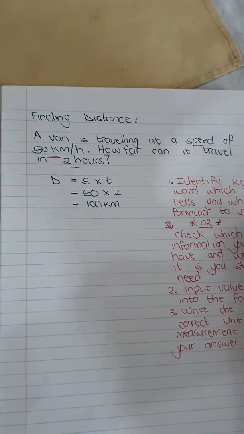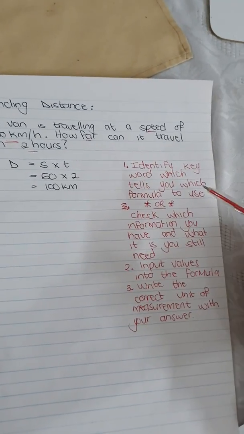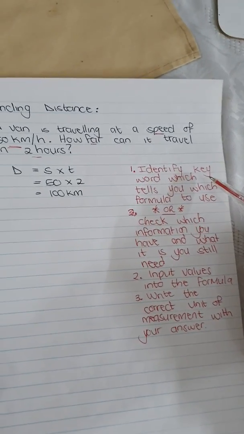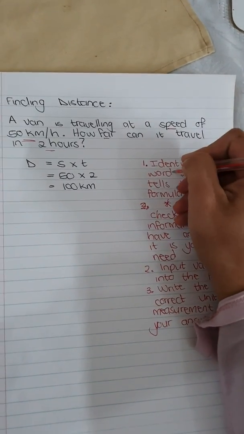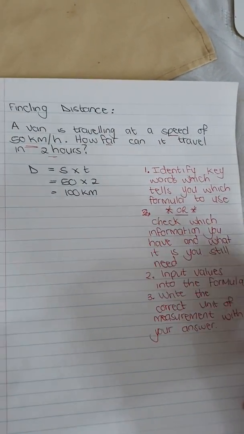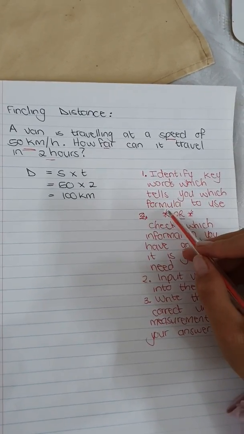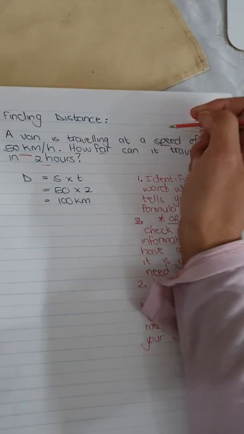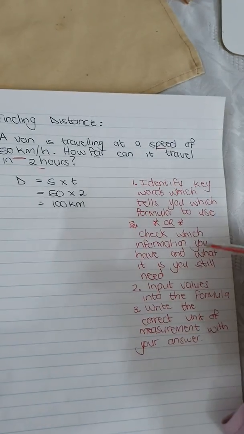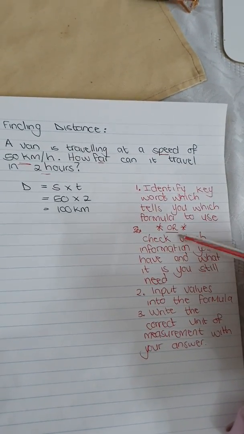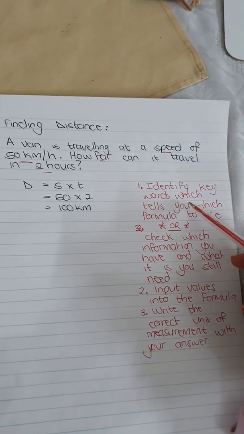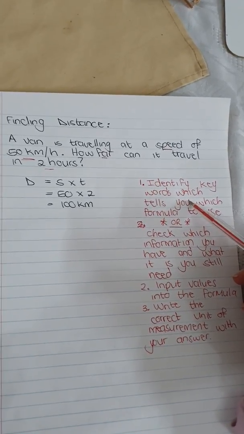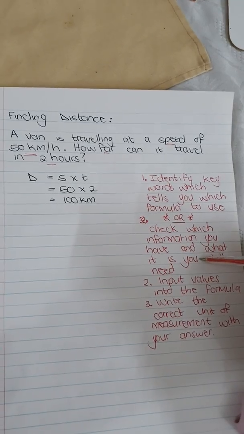The first thing we are going to do, as indicated on our steps of success, is identify keywords or words which tell you which formula to use. The first step to success is broken up into two parts: you're either looking for the keyword which tells you which formula to use, or you're creating a checklist.